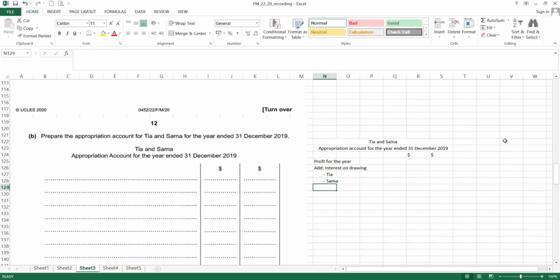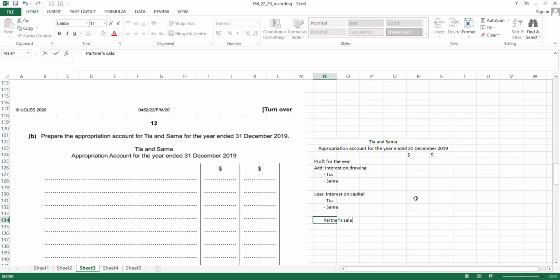Okay, next is less interest on capital. Same thing, you have two partners, put in. After that, less partner salary.